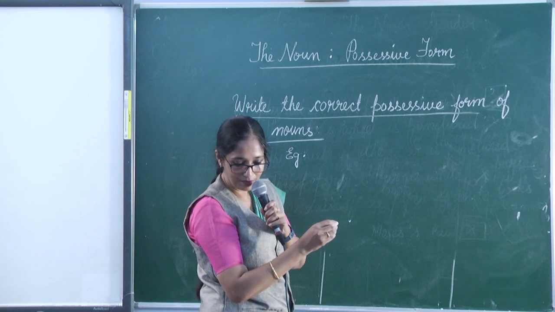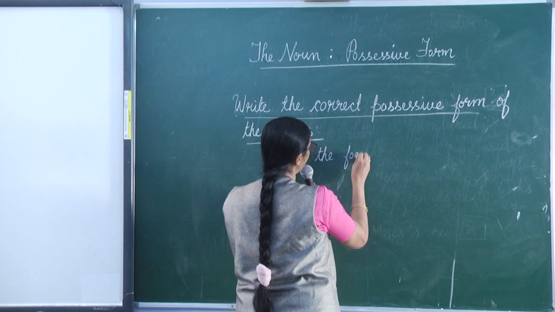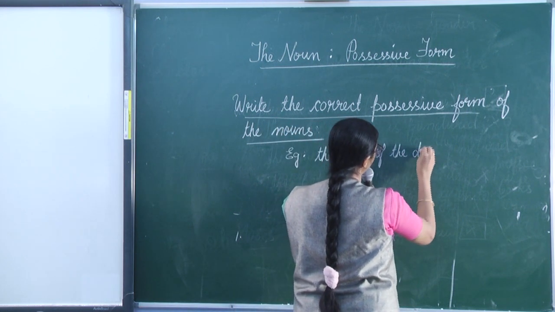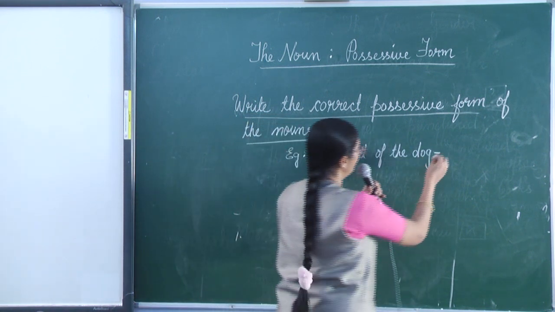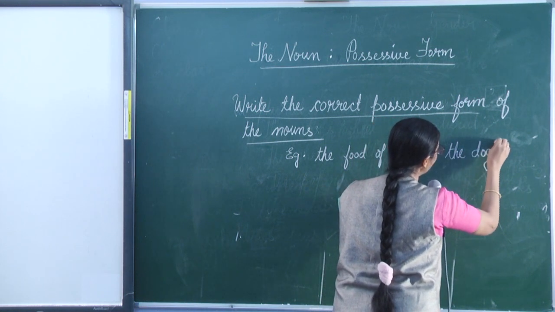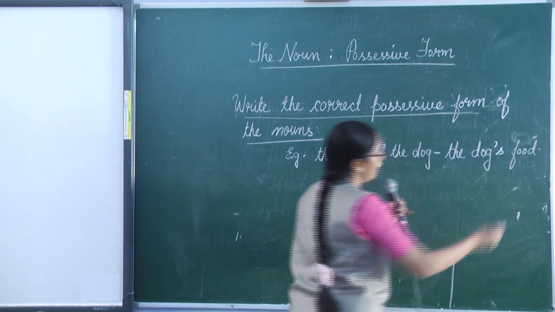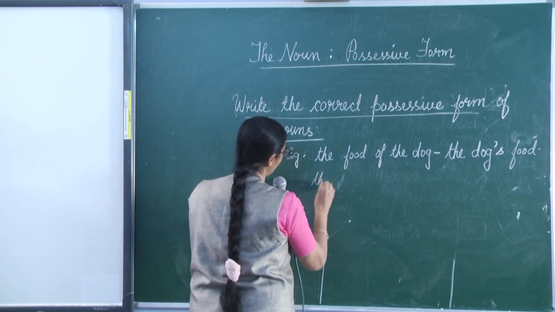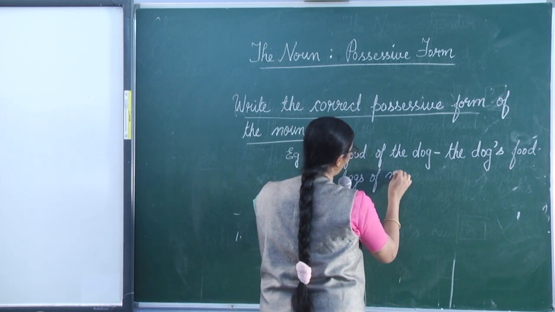Example, the food of the dog. In order to convert it into the possessive form, we write the dog. Dog is singular, so apostrophe S, dog's food. Another example in plural, the bags of my friends.